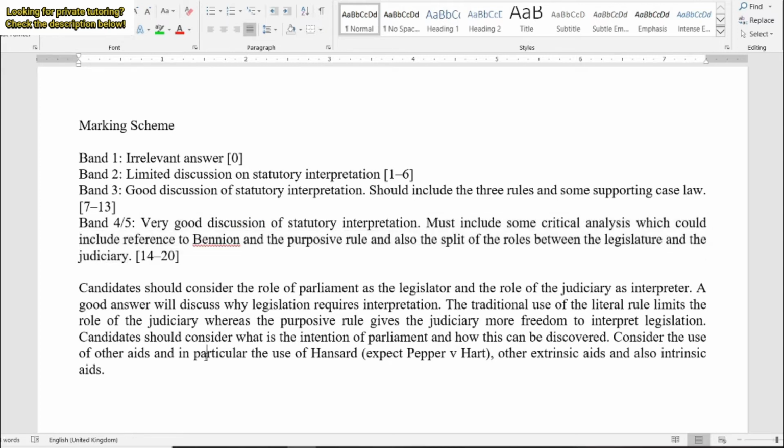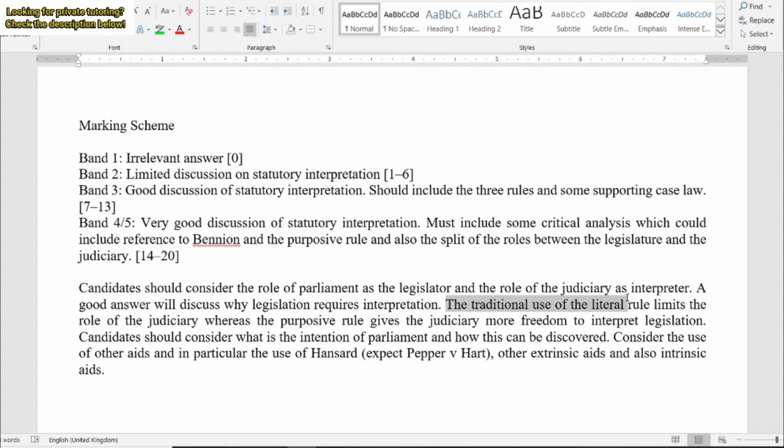Now the more important part is actually here. You can see candidates should consider the role of parliament as the legislator and the role of the judiciary as interpreter. A good answer will discuss why legislation requires interpretation. So this is the no-brainer part, the usual part which you already put in there, no problem there.